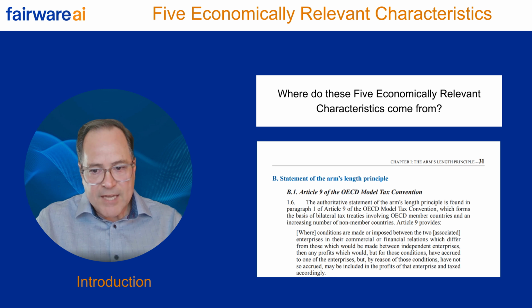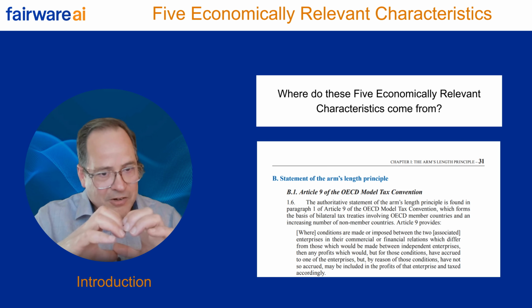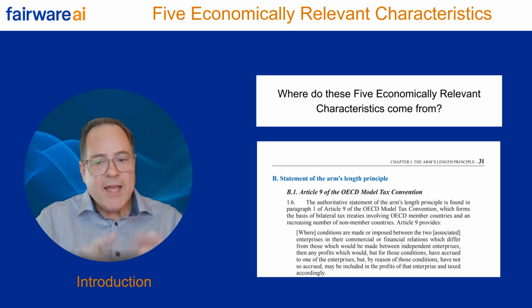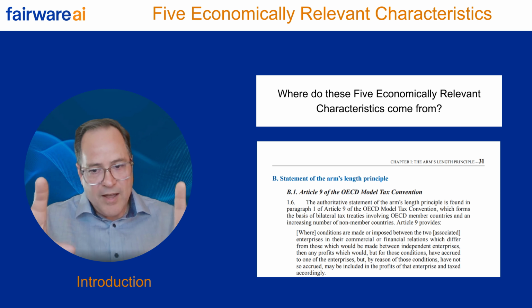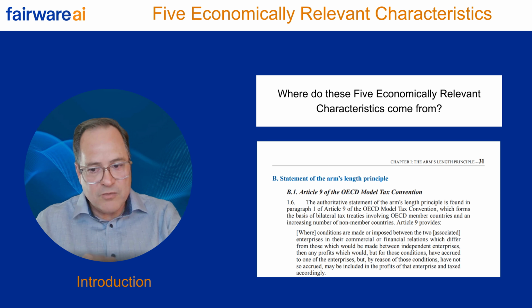When we examine those differences, that's where we get to the comparability analysis. The comparability analysis is referred to in the OECD guidelines as the heart of the arm's length principle. And within this heart of the arm's length principle, that's where the 5 economically relevant characteristics are detailed. So that's the overall context of where these characteristics fit in.